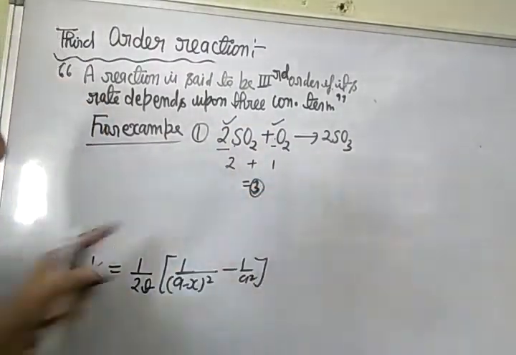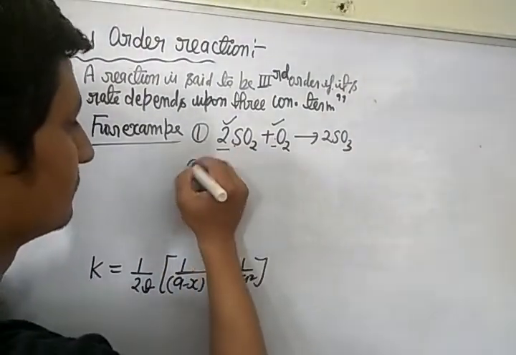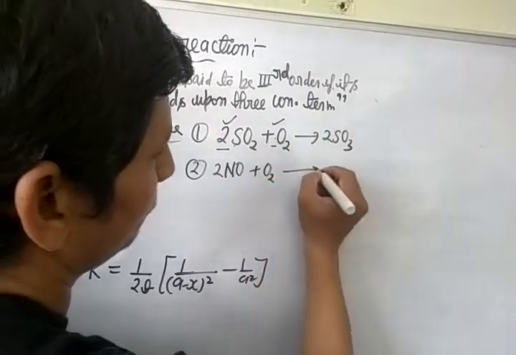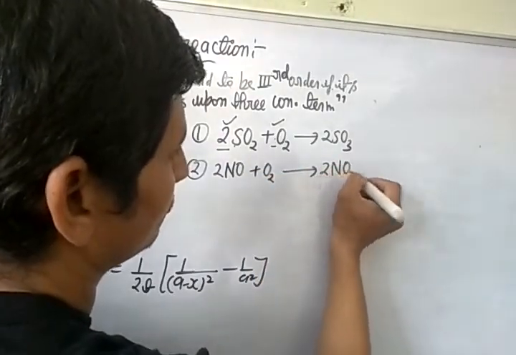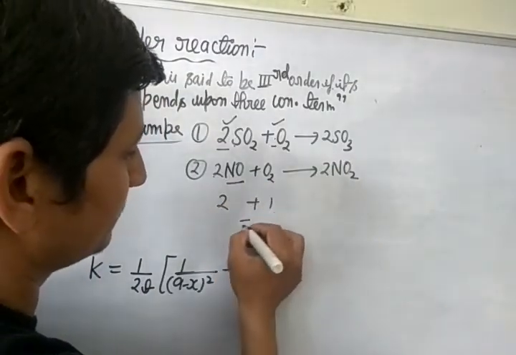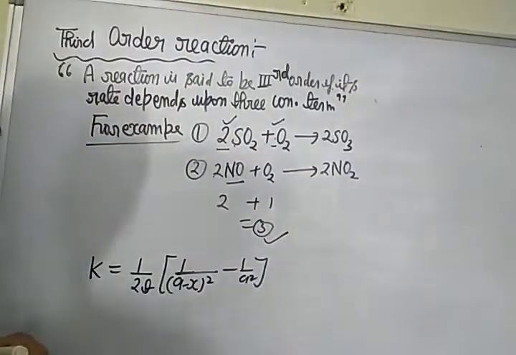So rate depends on 3 concentration terms. Next example, nitric oxide reacts with oxygen to form nitrogen dioxide. Concentration of reactant 2 and here 1. 2 plus 1 is equal to 3. So rate depends on 3 concentration terms.